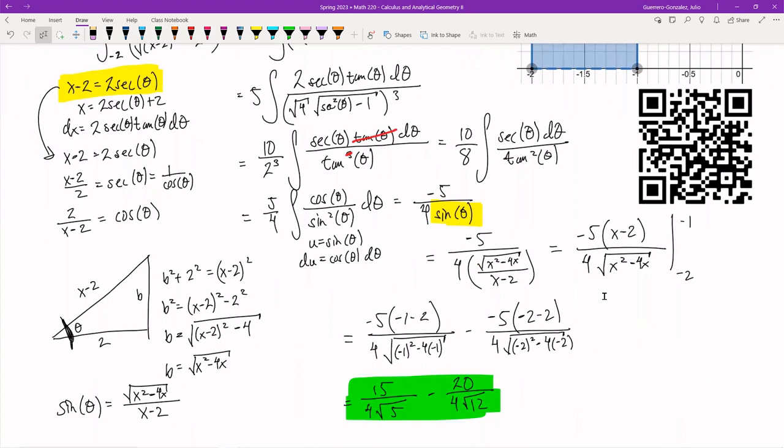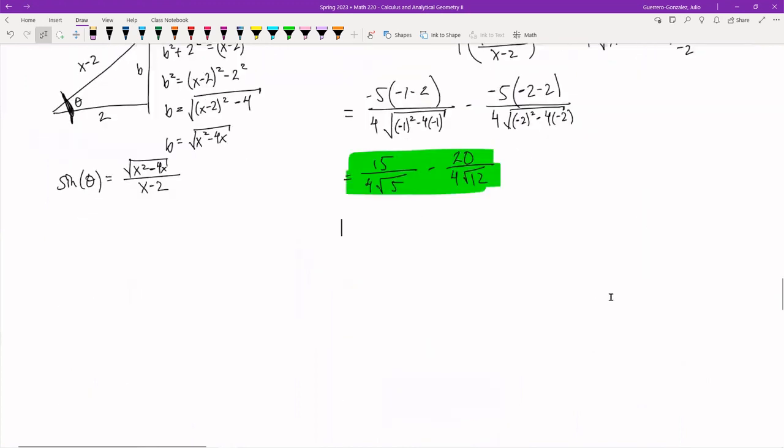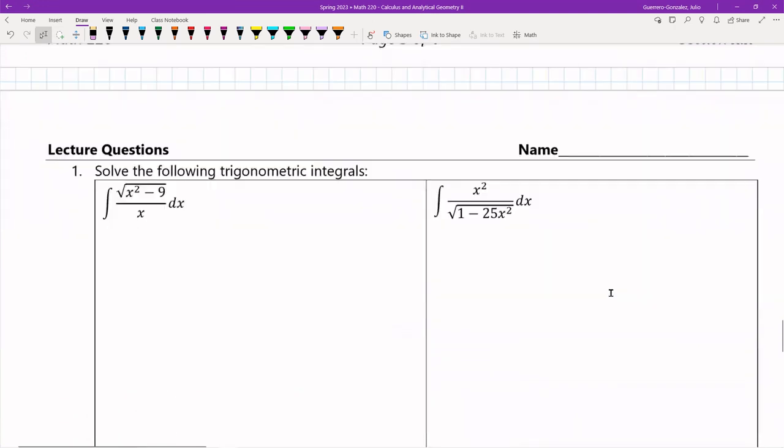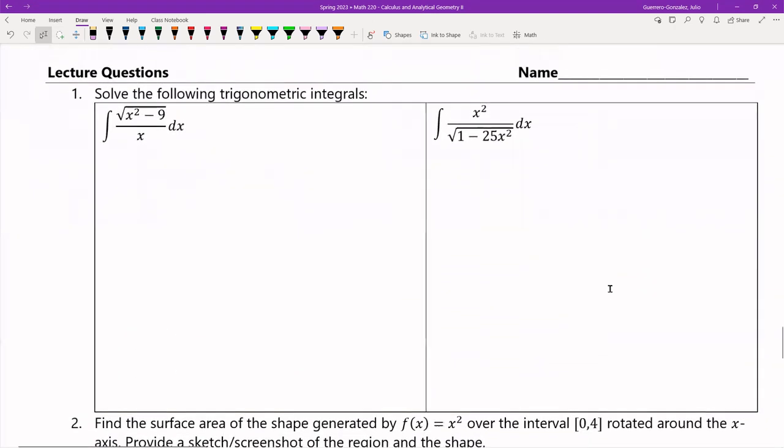I wouldn't give you something this long. I think after this I am done, because there should be lecture questions after this, okay?